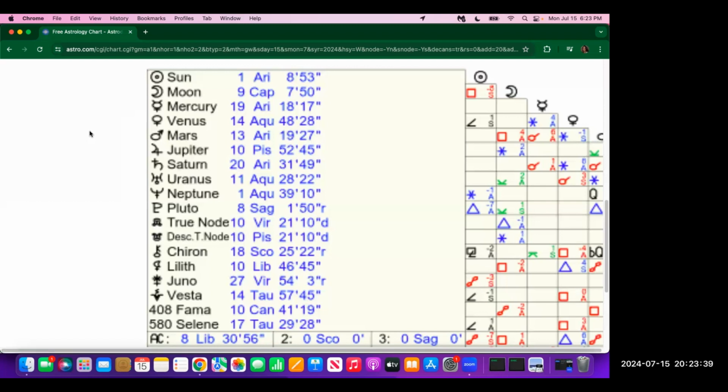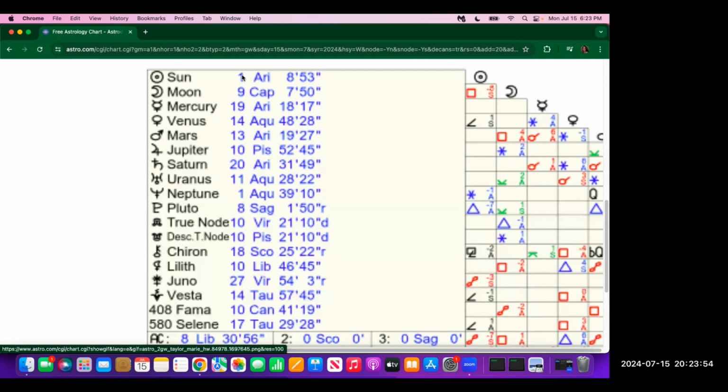I was going to ask, is there any significance of the numbers before, like it says Sun, 1, Aries? Yes, so this number 1 is the degree that it's in.